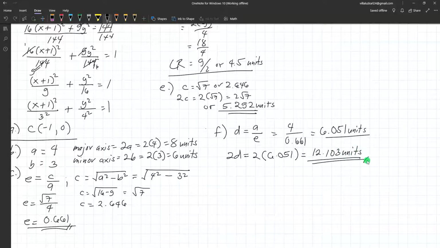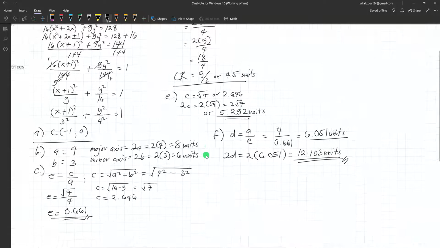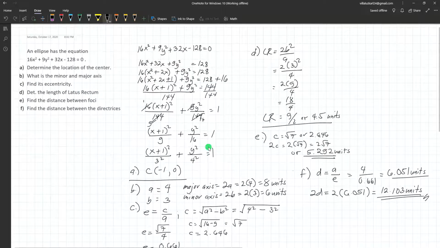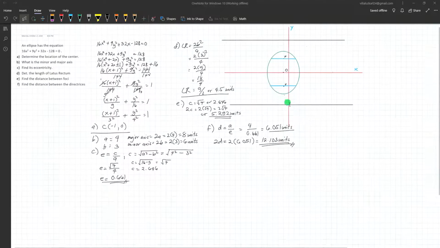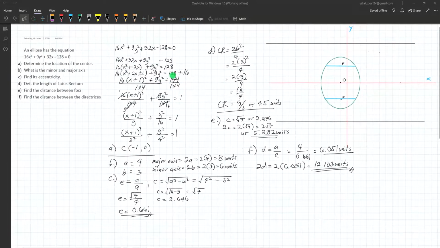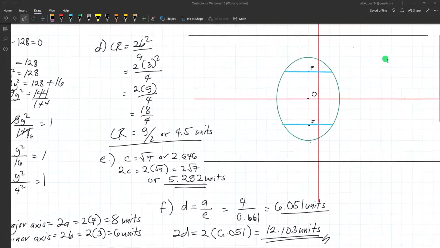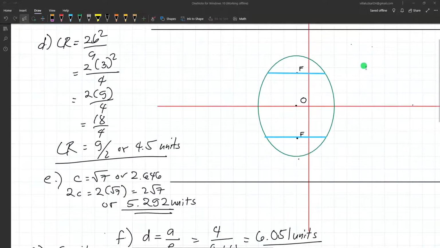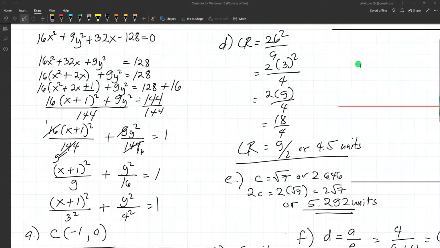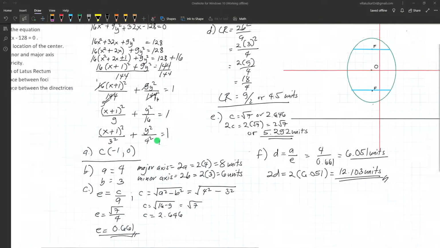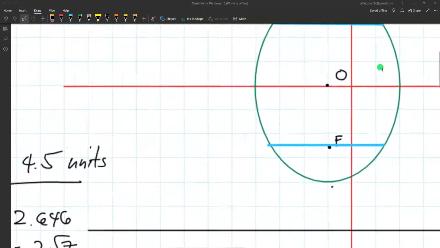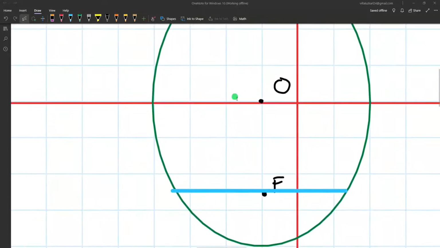Okay, now let's show the graphical representation for this problem. So here's your graphical representation of the equation of the ellipse, wherein our major axis is along the y-axis or along the y direction. So our center determined at question A is (-1, 0). So the location of the coordinates of center is right here.